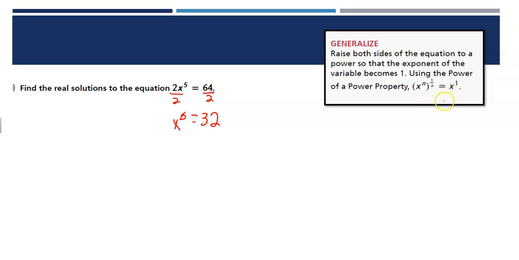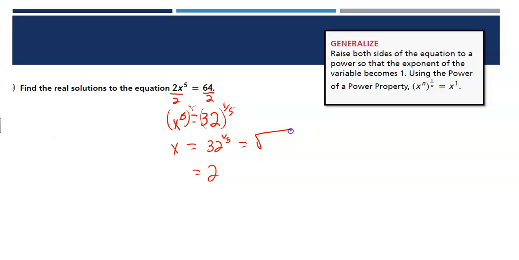Now, that means that I could take the 5th root of both sides, right? I could raise this to the 1/5 power and raise this to the 1/5 power, because 5 times 1/5 is 1, and that would be 32 to the 1/5. So you could put that in your calculator, and you would come up with the answer of 2.